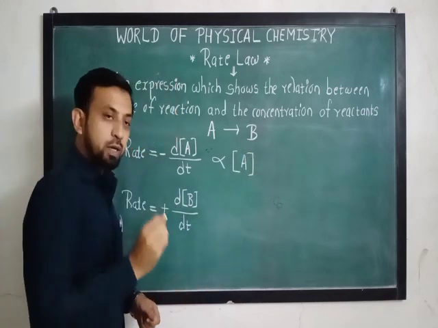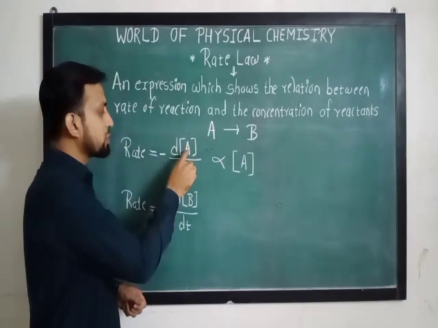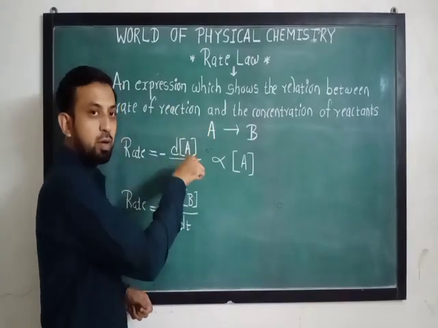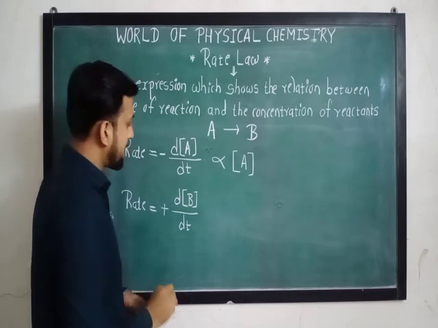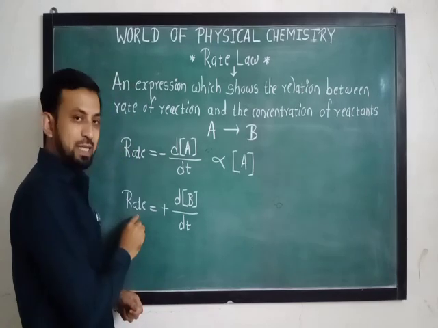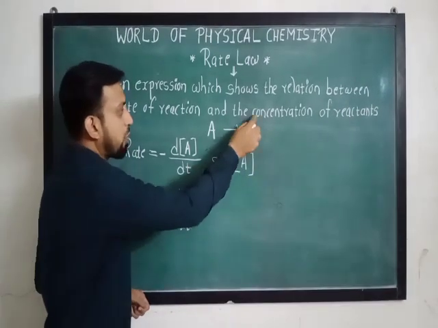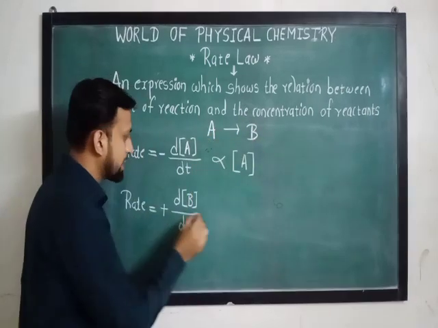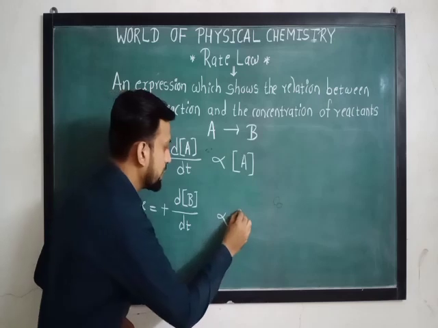It means the disappearance of A depends on itself, that is on the concentration of reactant. At the same time, the formation of product depends on the concentration of reactant, that is, rate is directly proportional to A.